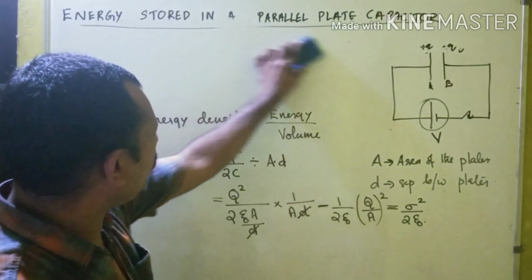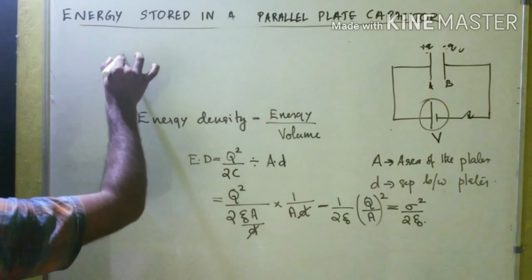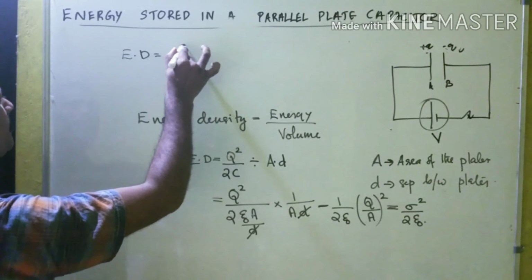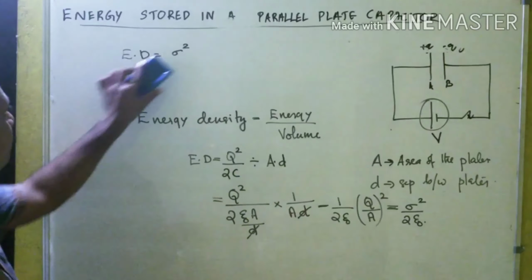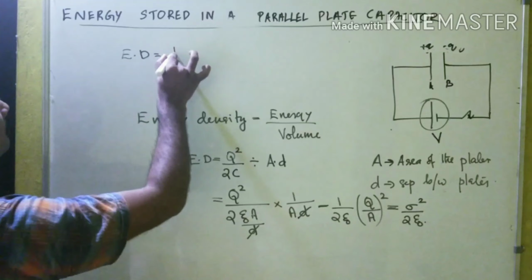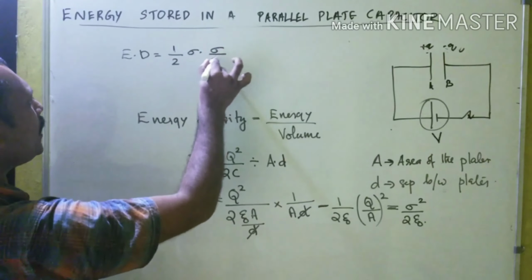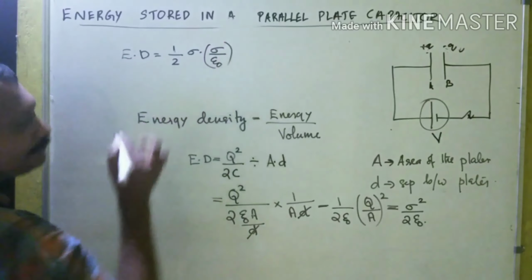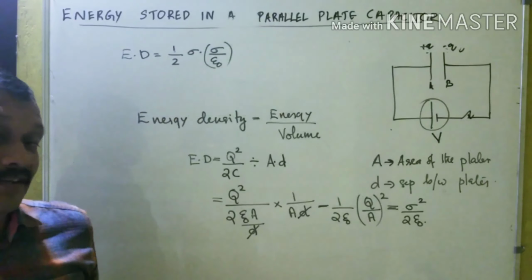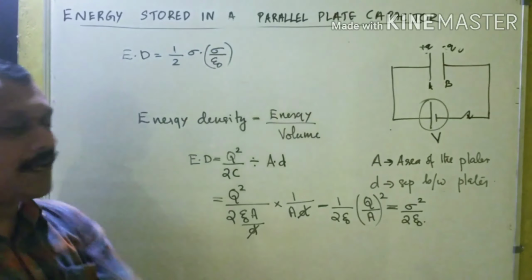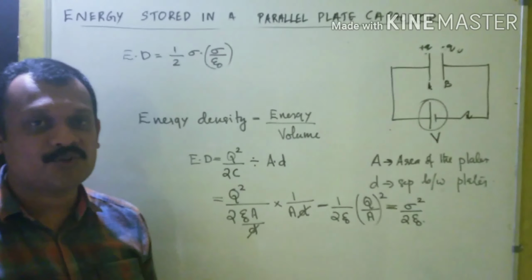The discussion is not over here. Energy density has another relation. This is sigma square by 2 epsilon 0, right? I'm going to write it likewise. Half into sigma by epsilon 0. Now I have written this in the bracket. What is the term in the bracket? Sigma by epsilon 0. What is sigma by epsilon 0?